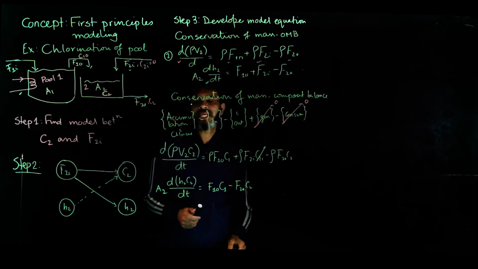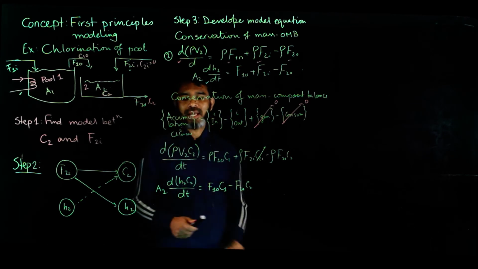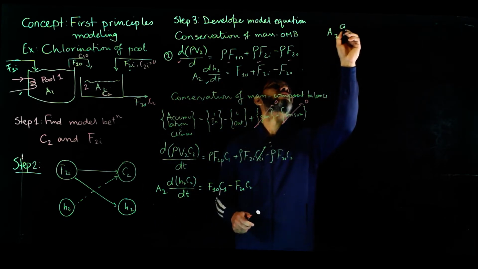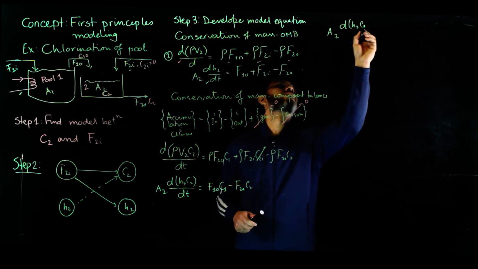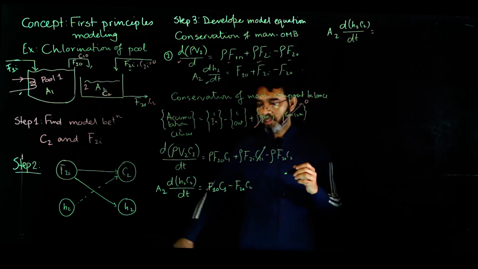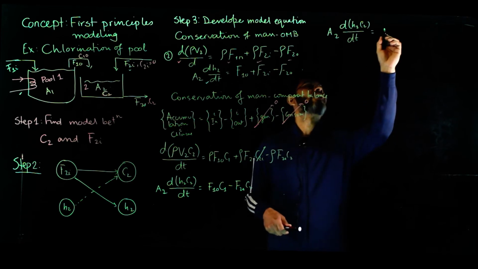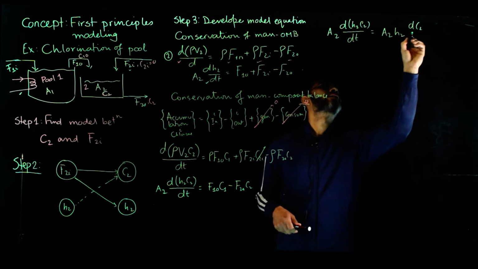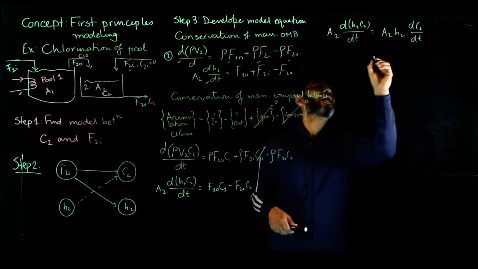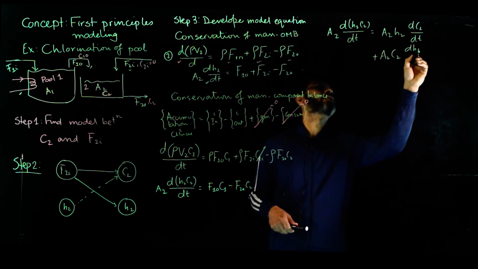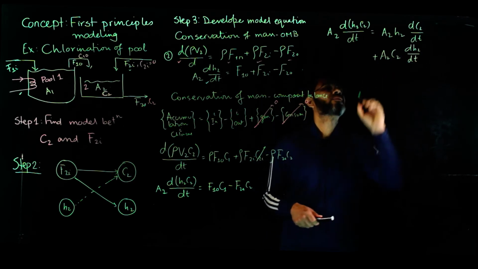Now let's take a look at what we can do with this term. The left hand side of this term equals d over dt. So we can write it as this. There are two variables here, so we'll have A2 H2 dC2 over dt plus A2 C2 dH2 over dt.